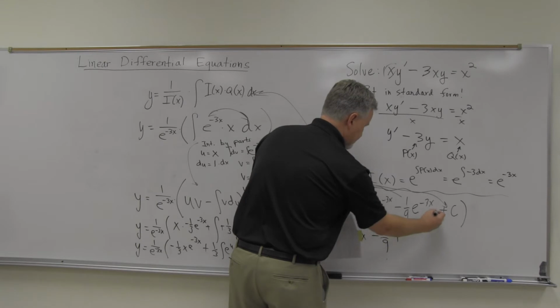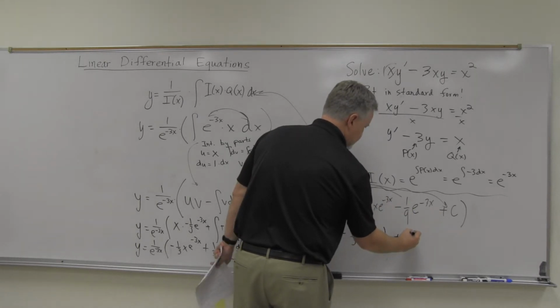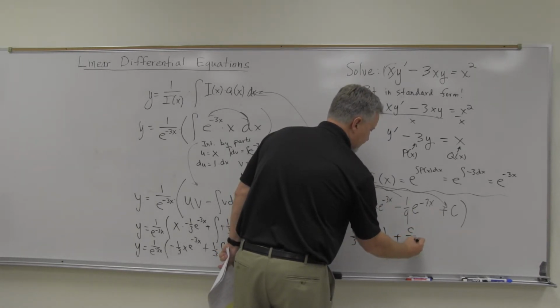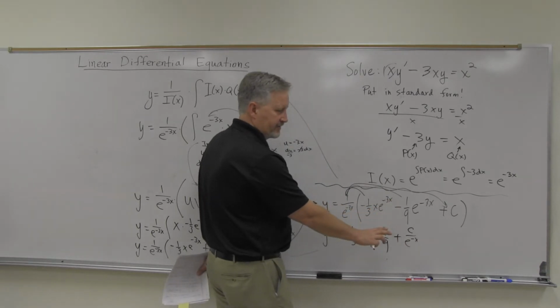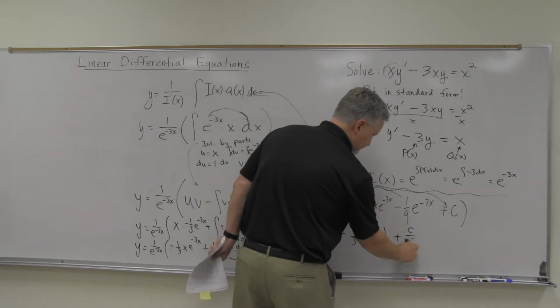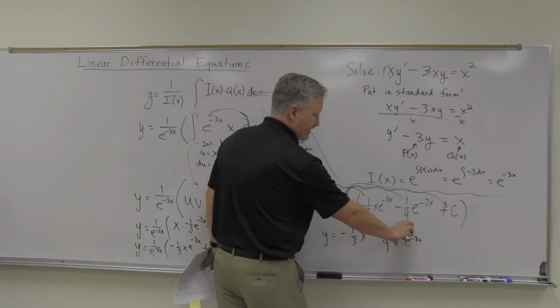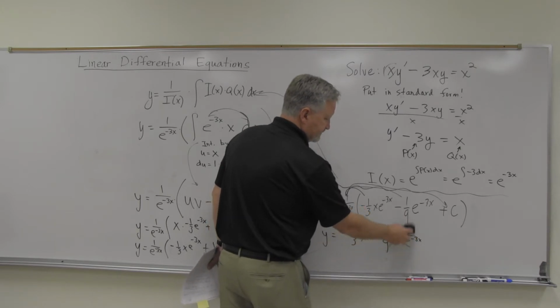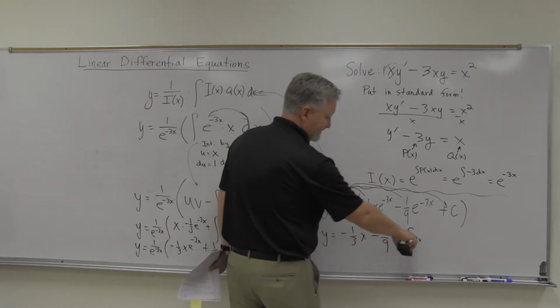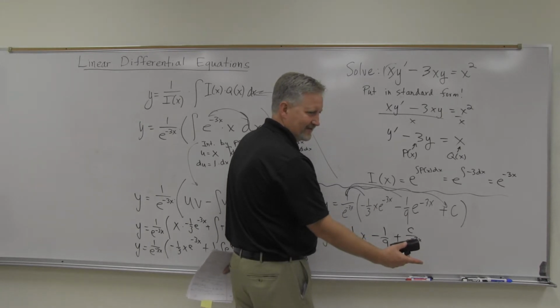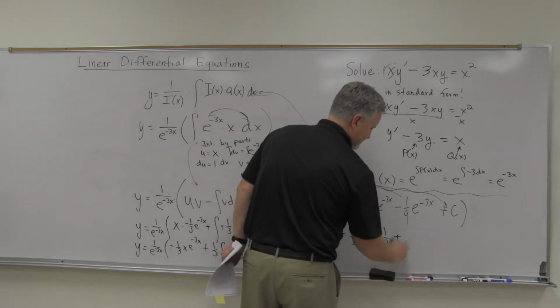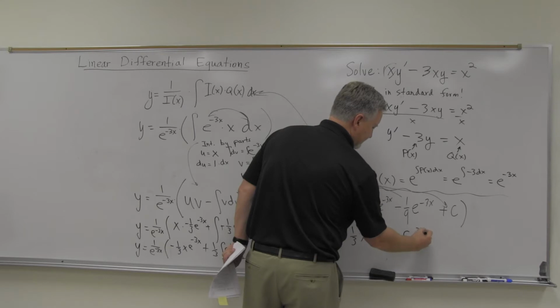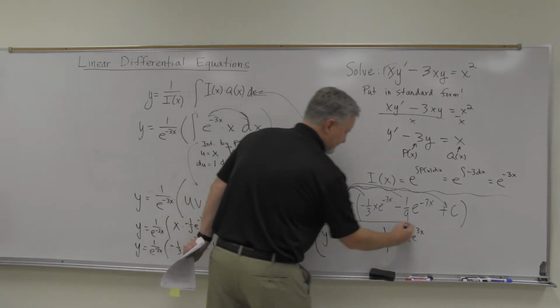And then c times c over e to the minus 3x, well, that's really the only thing there that we can clean up. That's fine, but 1 over e to the minus 3x is e to the 3x, so let's just write this c e to the 3x. Okay.